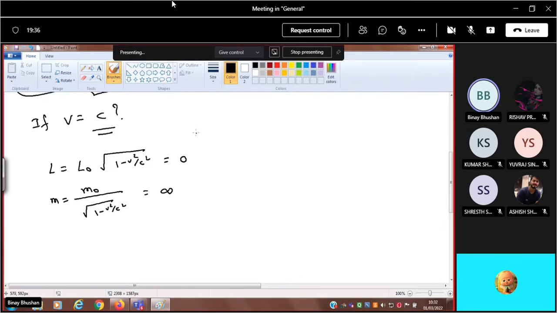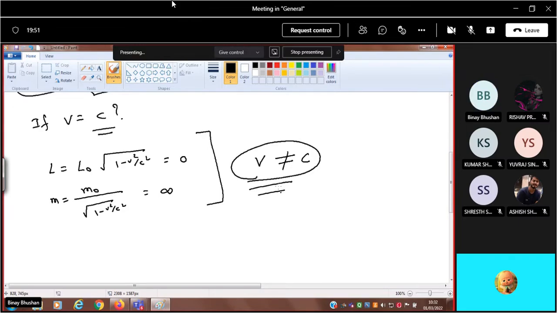So what is the conclusion here? The conclusion is that any material particle cannot move with speed equal to the speed of light in free space. It is not possible, right? v equal to c, not possible.